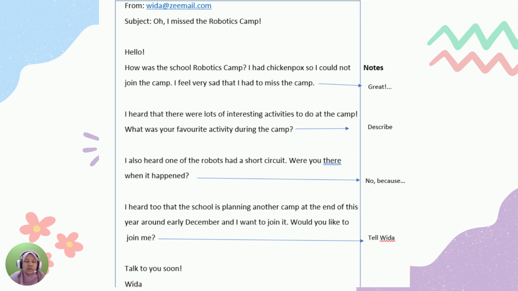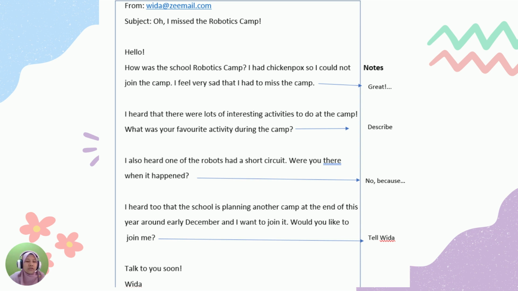So the note here is "great". Next paragraph. I heard that there were lots of interesting activities to do at the camp. What was your favorite activity during the camp? So the word here in the notes is "describe".